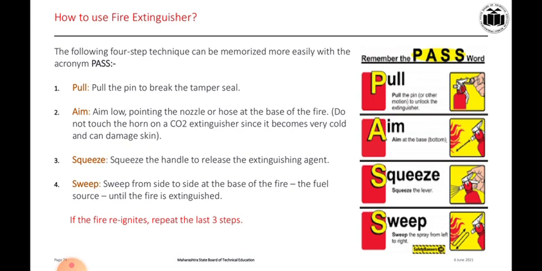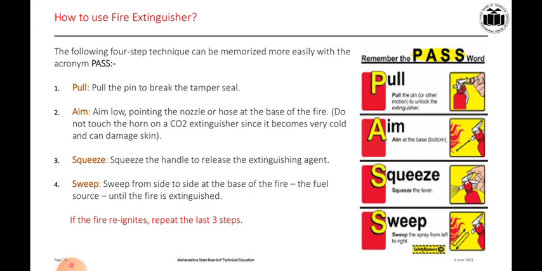Then sweep from side to side at the base of the fire, the fuel source, until the fire is extinguished. म्हणजे जोपर्यंत फायर कंट्रोलमध्ये येत नाही तोपर्यंत we will have to squeeze that handle and it will be pointed toward the base of the fire.